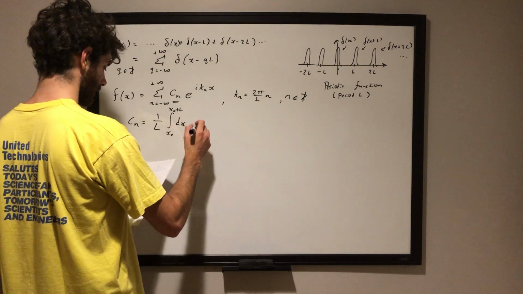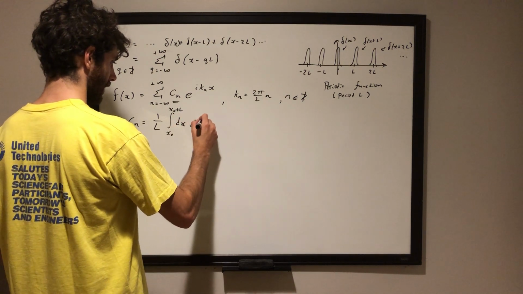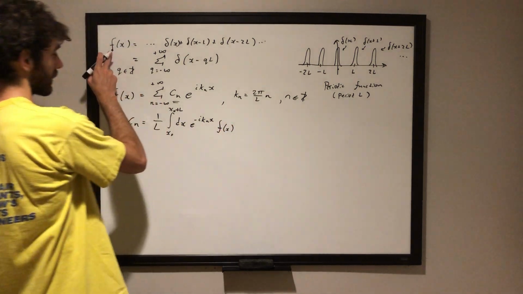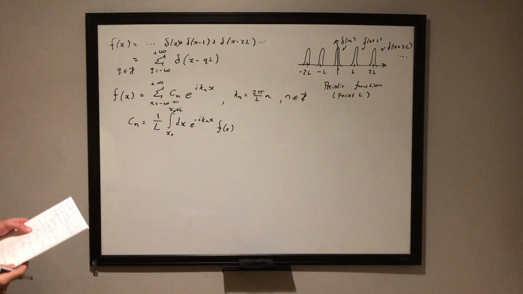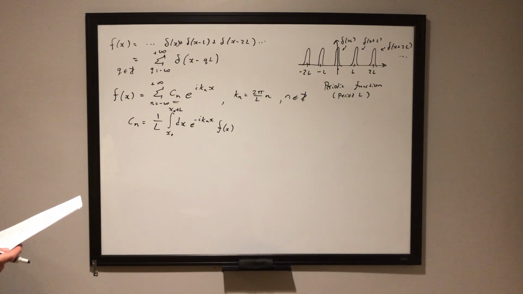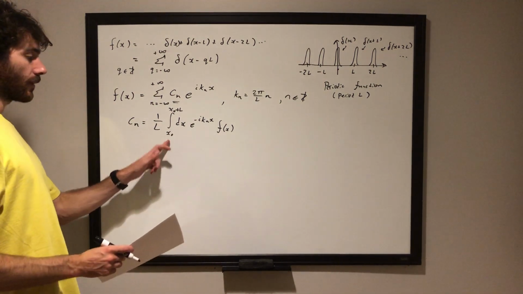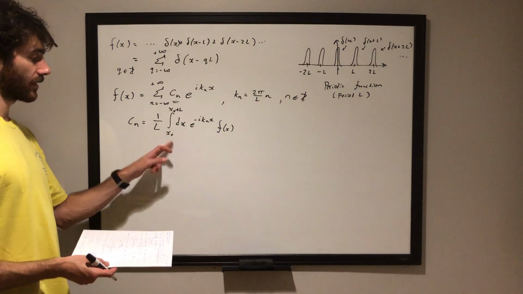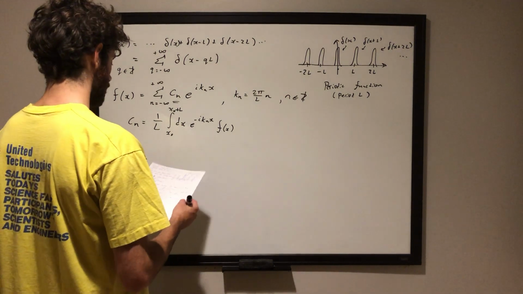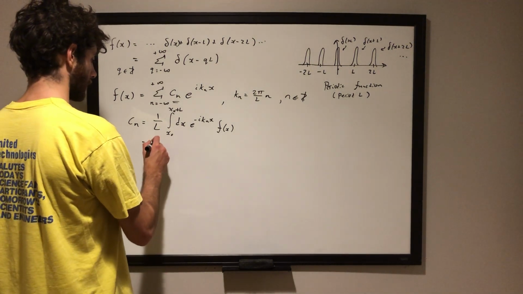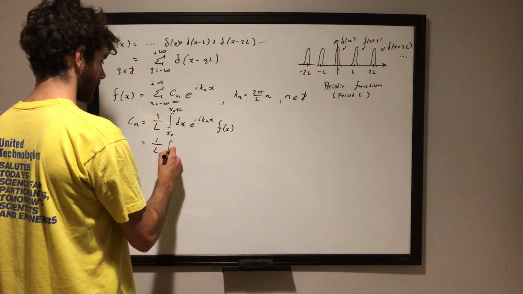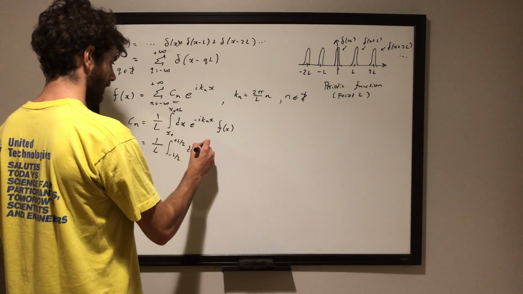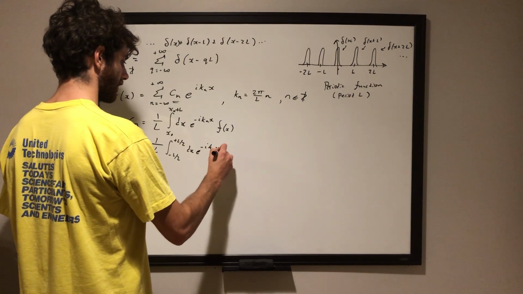With respect to x, e to the minus i k_n x, and then the function f of x that we wish to represent as the Fourier series. So yeah, this integral, the bounds must cover one full cycle. We could start at arbitrary x naught, but let's choose a symmetric window, plus or minus L over 2, dx e to the minus i k_n x f of x.